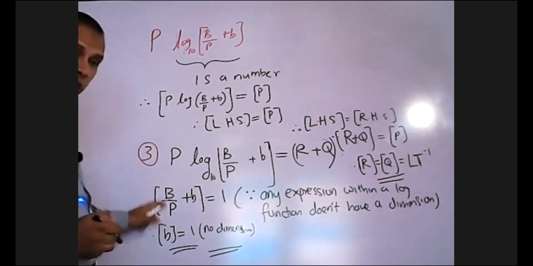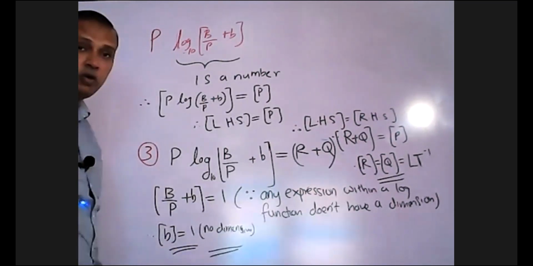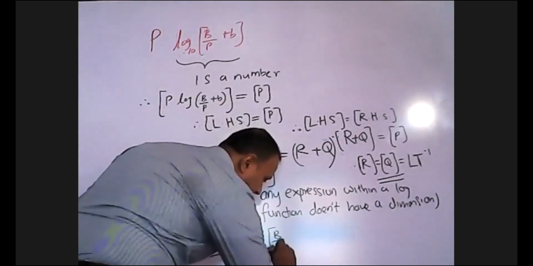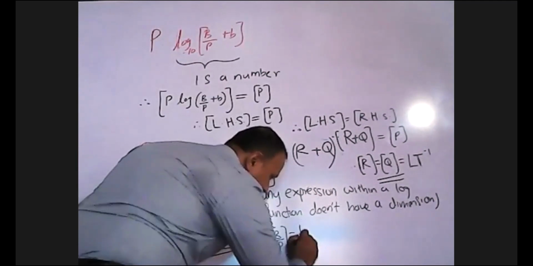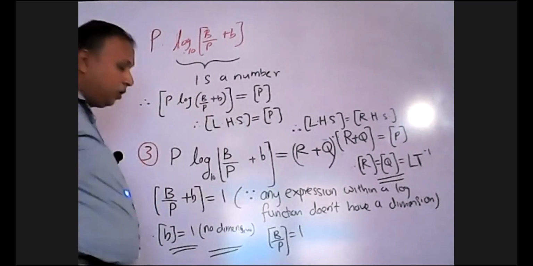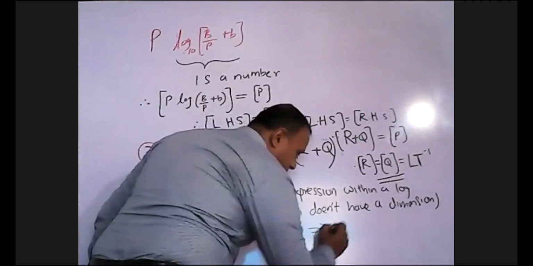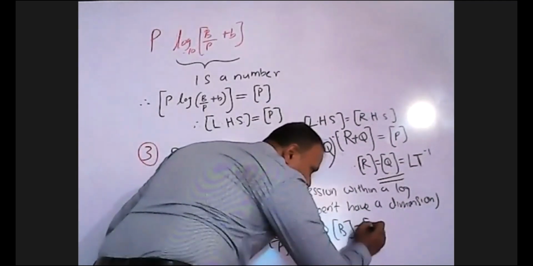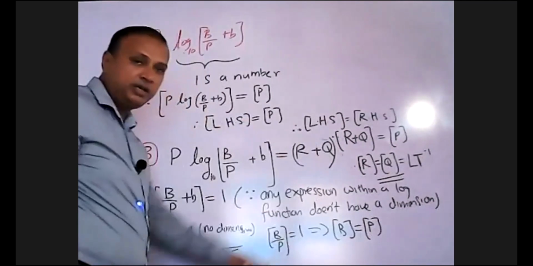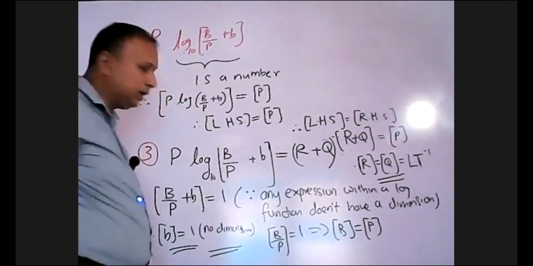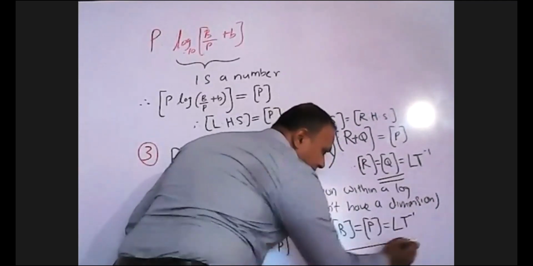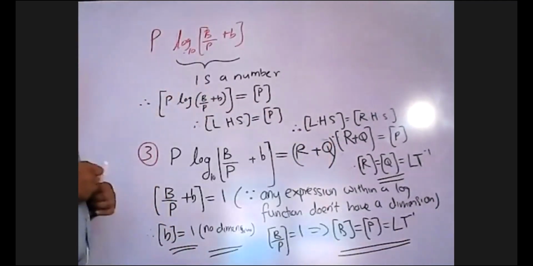Then B over P should be a number too. Therefore, the dimension of B is equal to the dimension of P. So that is equal to LT minus 1.